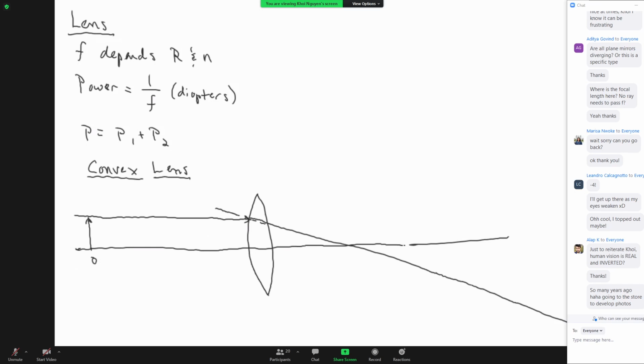Okay? So there's your focal point where it intersects. Remember, where the parallel light rays intersect is where you create your focal point. Realize that light can come in from either side of the convex lens. And so that's why when you look at these types of pictures, they always have two focal points, or two focal lengths, within your system, okay?